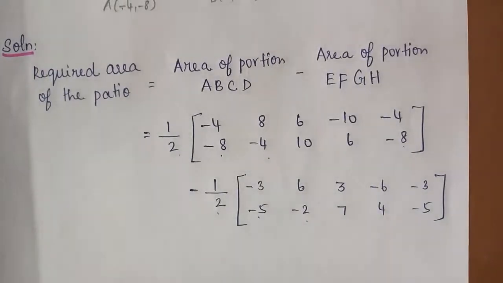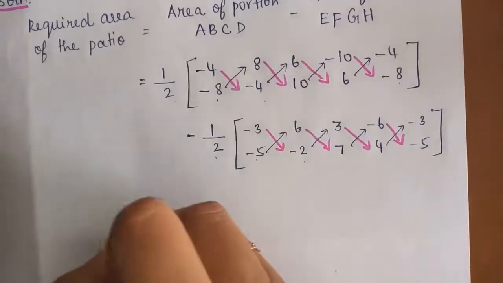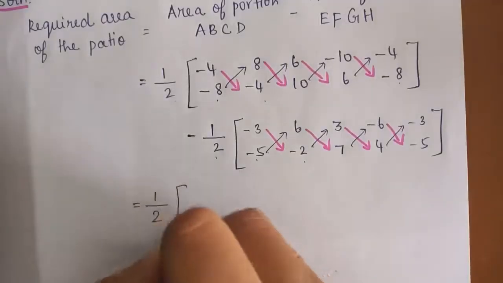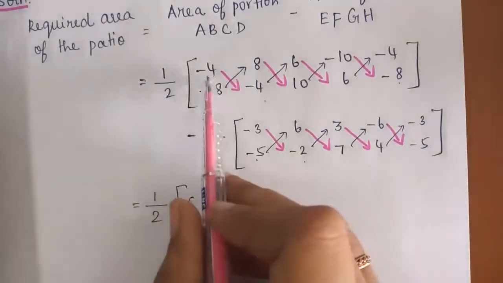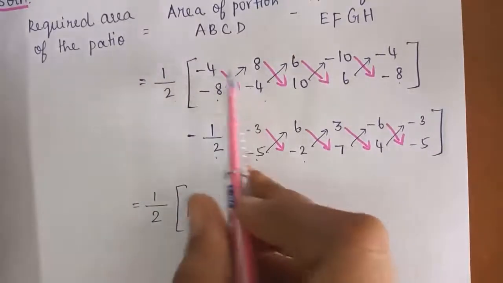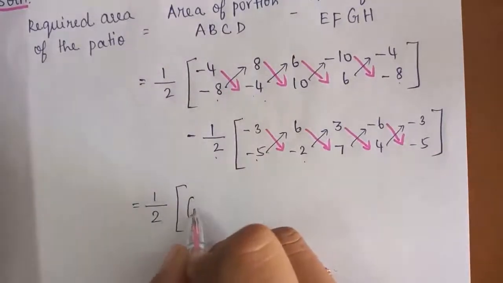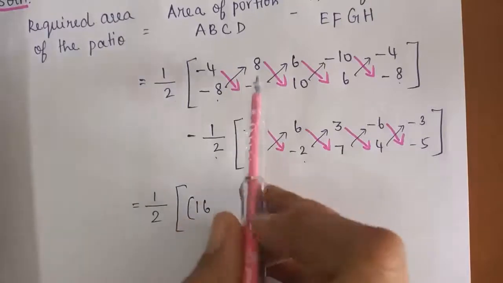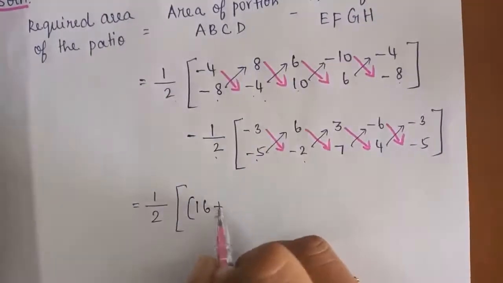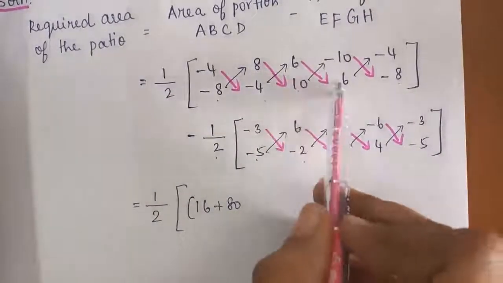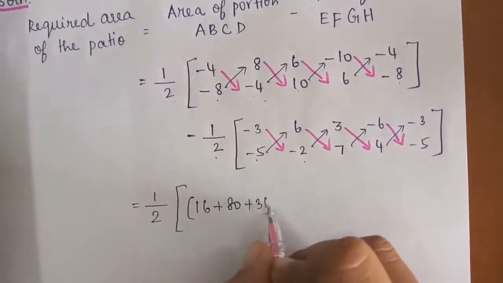The next step is you have to do the multiplication, which is equal to 1 by 2 into minus 4 into minus 4. So minus into minus is plus, 4 4s are 16. Then 8 into 10 is plus 80. 6 6s are 36.